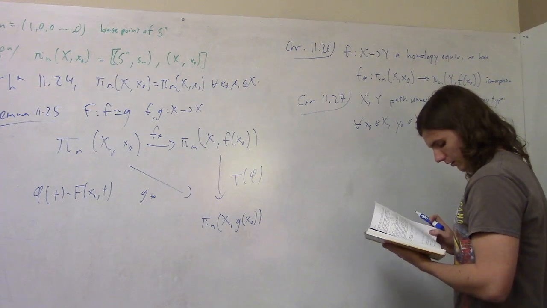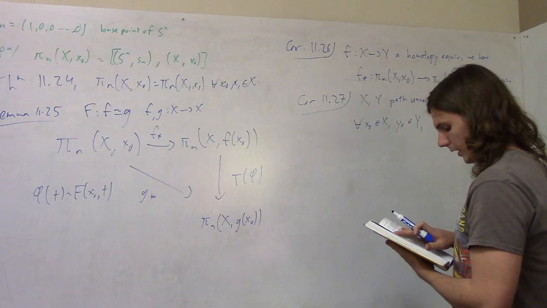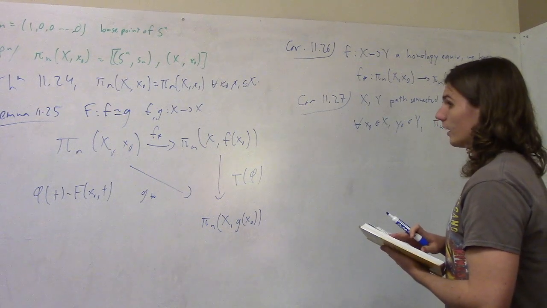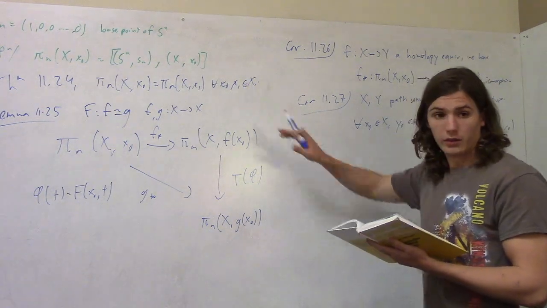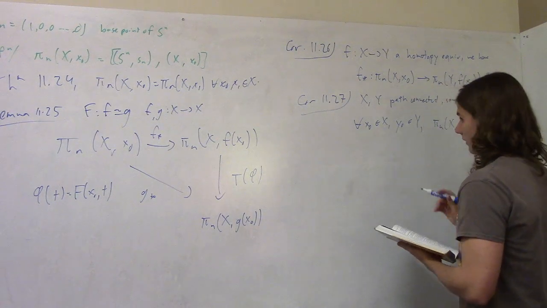And you can get from that to pi n of (Y, y0) using this one, since we have all the tools that we need for that. And then another corollary.